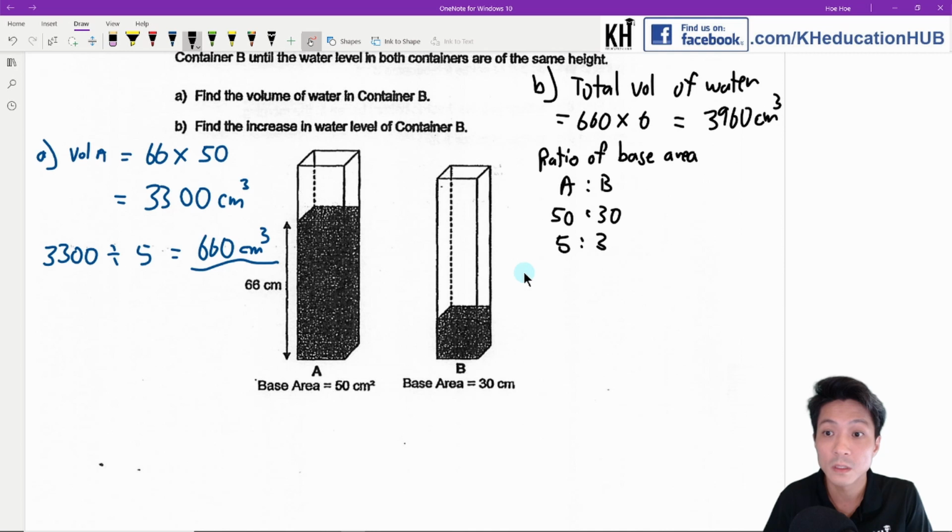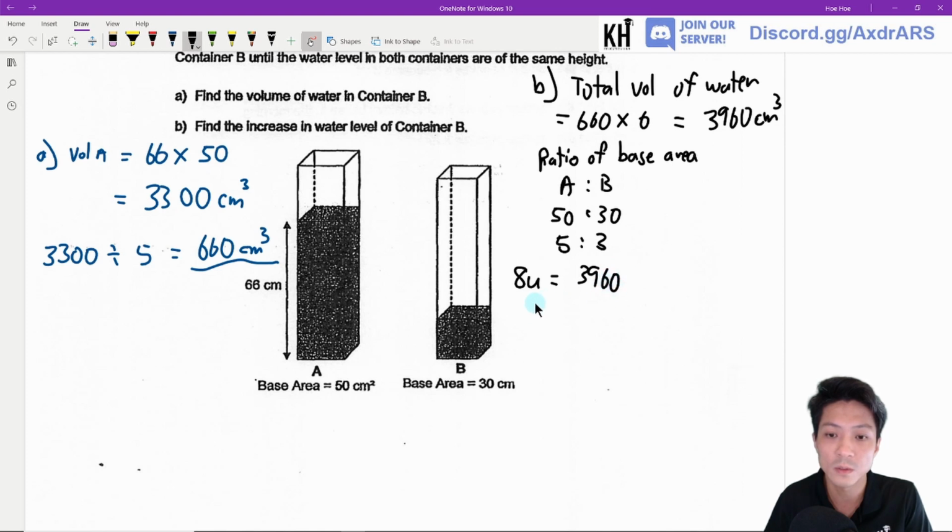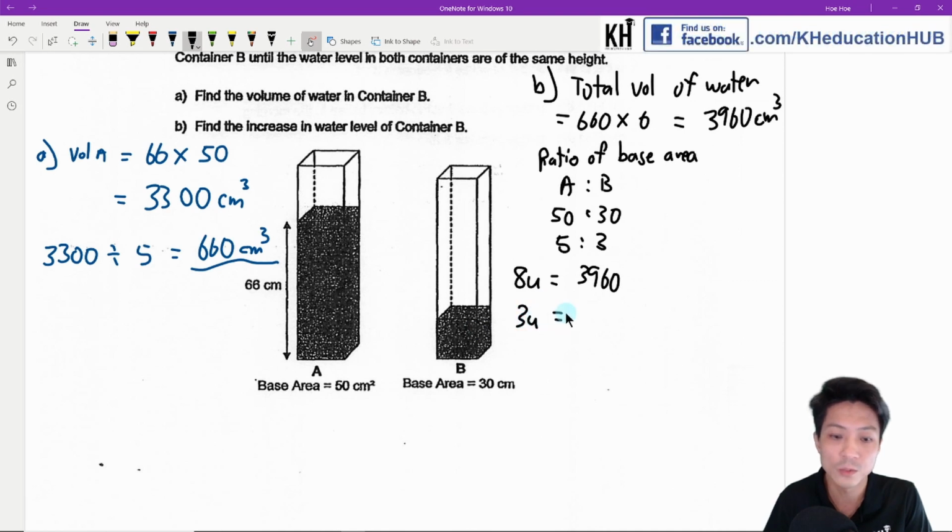So the next step will be 8 units is equal to 3960. I need to find the amount of water in B, which is 3 units. So 3960 divided by 8 times 3 will give me 1485 cm cube.